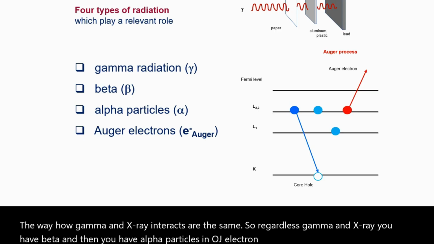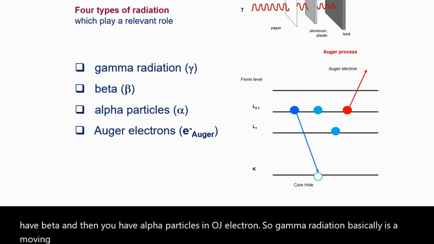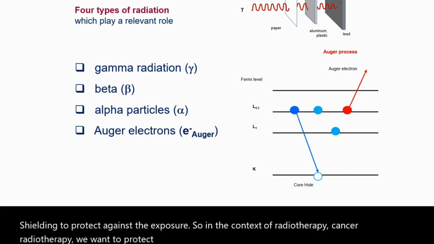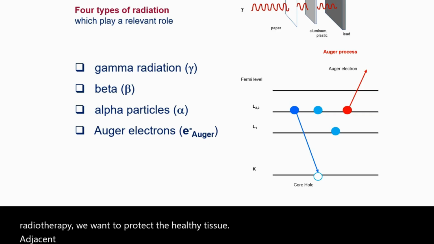So gamma radiation basically is a moving high energy electromagnetic radiation. It can penetrate deep into materials and it requires shielding to protect against the exposure. So in the context of radiotherapy, cancer radiotherapy, we want to protect the healthy tissue adjacent or located close by to the targeted tissue.